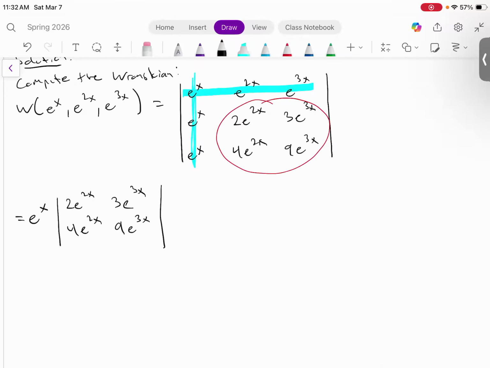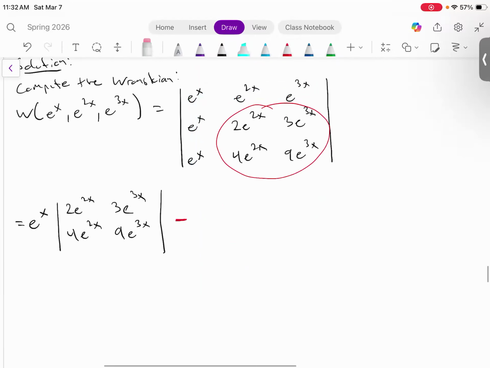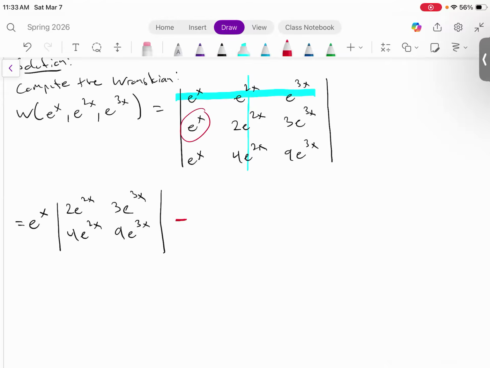And so what we need to do now when we get our second determinant is we need to subtract. We always subtract the second determinant. So let me erase some of these highlights. And so our next determinant would be corresponding to our second term, e to the 2x, and e to the 2x is in the second column, we still cancel out the first row, and so our remaining determinant will be these terms right here.